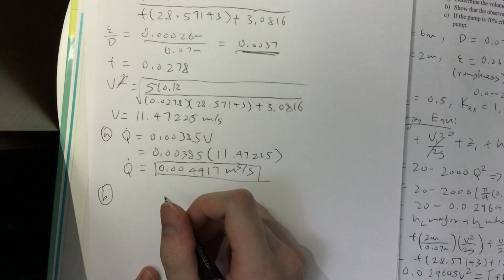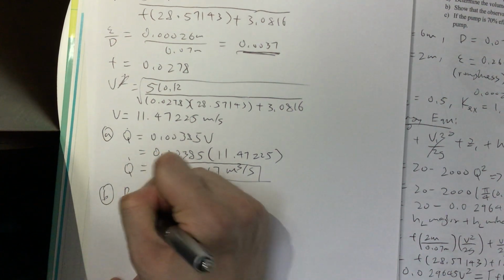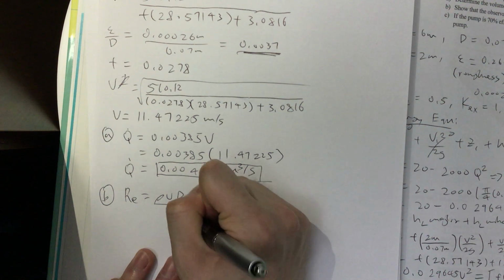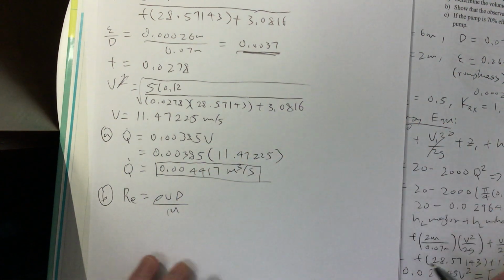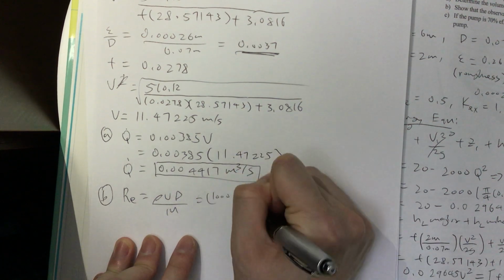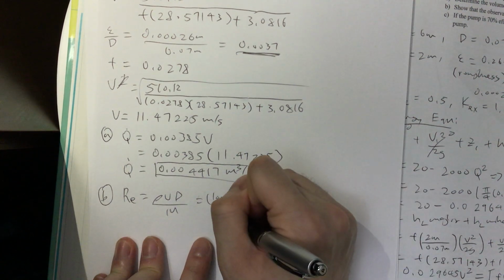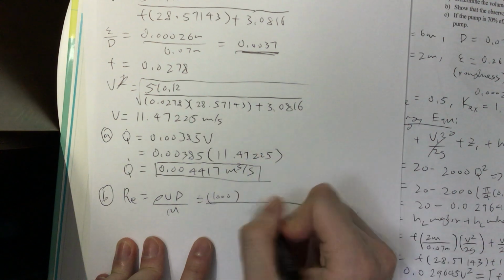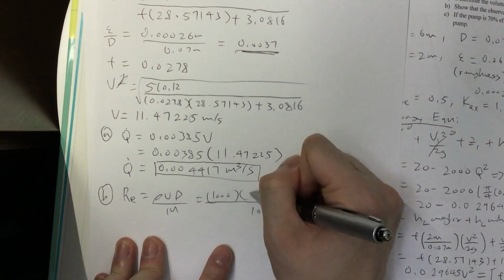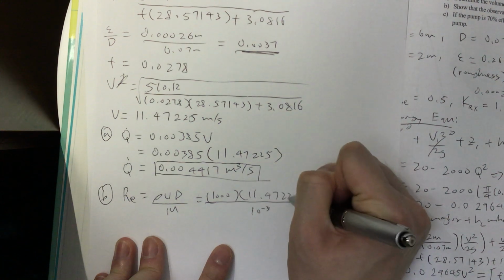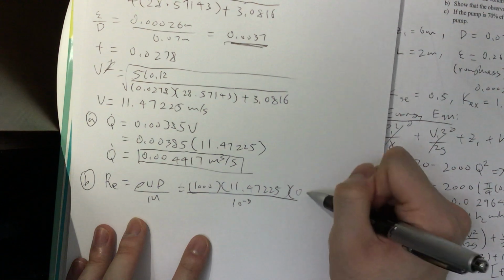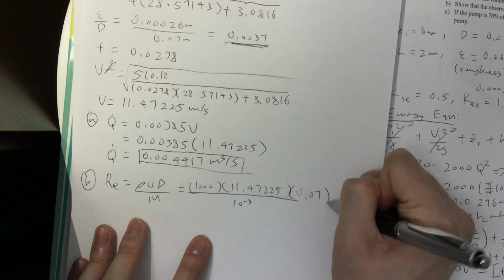Part B, Reynolds number equation, rho V D over mu. Rho, we know, is 1000. And mu is going to be 10 to the negative third. We know the V is 11.47225, and we know our diameter of the pipe, 0.07.